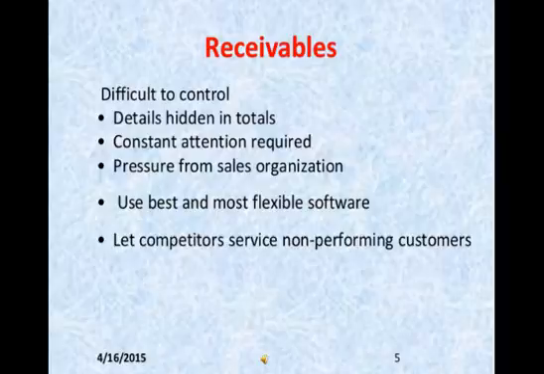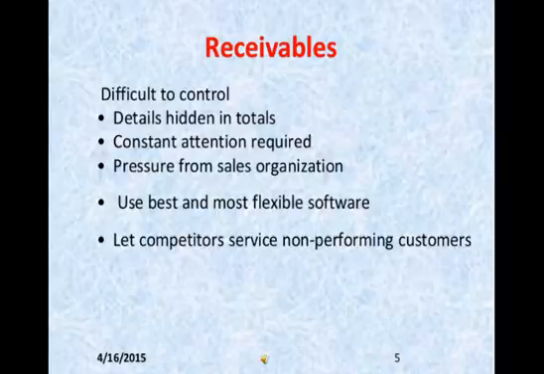Our next item that can contain significant locked-in assets are receivables. Many of the characteristics of receivables are the same as those in inventories. They're difficult to control, again, because the devil is in the details, and the details are hidden in the totals. Constant attention is required for these as well.